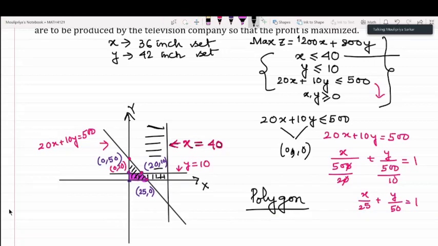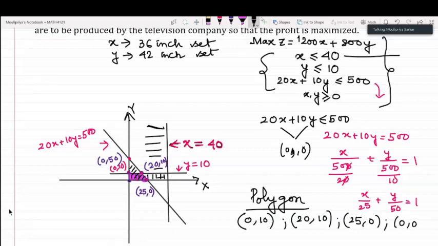That implies, if I figure out the corner points, they are 0, 10, then 20, 10, then 25, 0, and 0, 0.